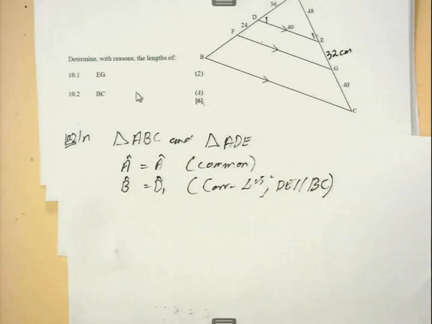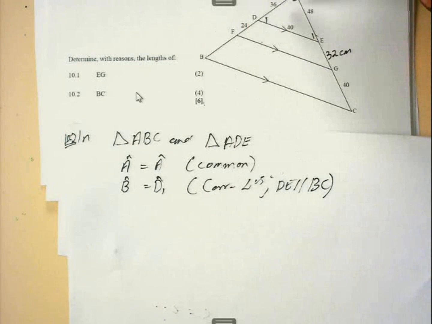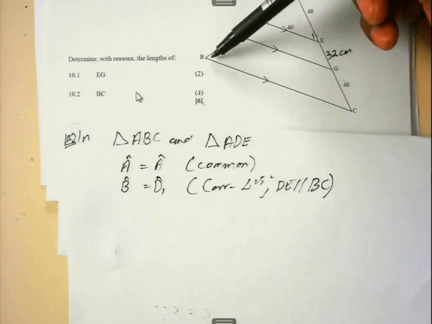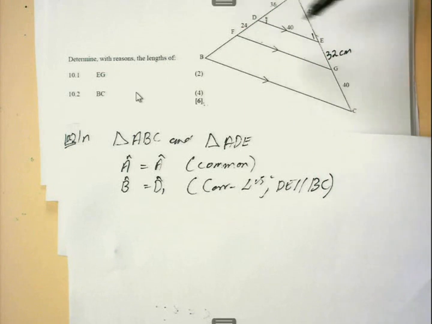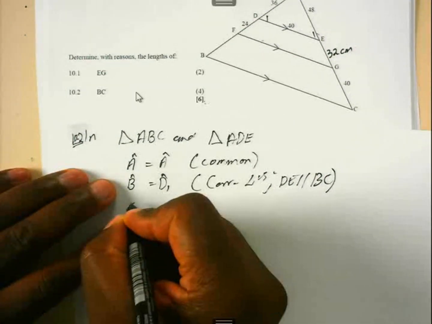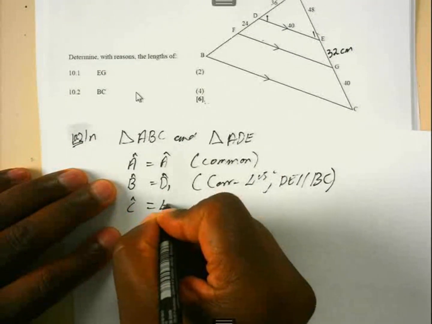See? Already we've got two pairs of angles. Check the remaining pair. In triangle ABC, I've talked of angle A and angle B. The remaining angle here is C. In triangle ADE, I've talked of angle A and angle D1. I haven't talked of angle E1. So angle C will also be equal to angle E1.